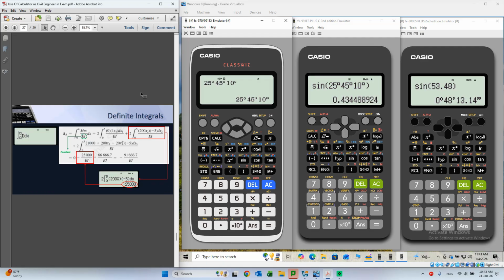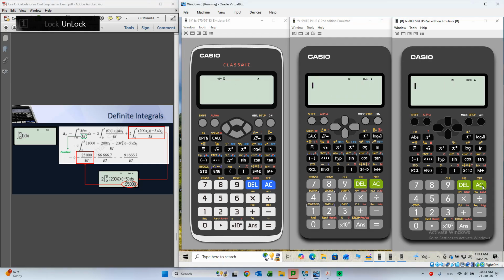Then we have definite integral. That's useful sometimes for students who do, let's say, deflection calculations. Sometimes you have a definite integral and you need to provide the function here. So I will write the function, and then do the calculation.